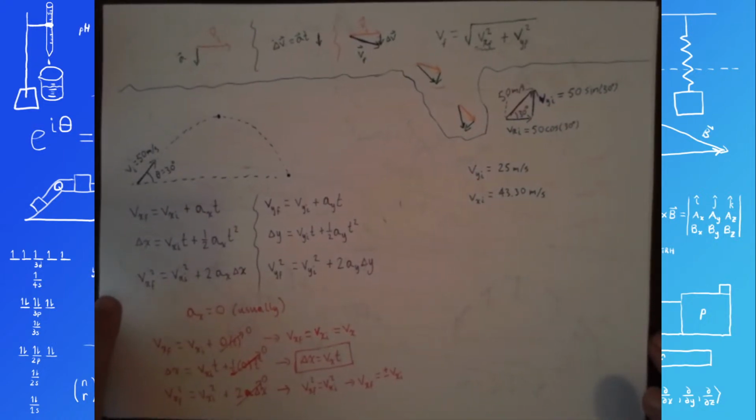In the y direction, you have your acceleration y is usually negative g, or some other value if you're on a different planet. And that's where most of the math is going to happen. Most of the math is going to involve the vertical part of the problem and not the horizontal part. That's where most of the change is happening.